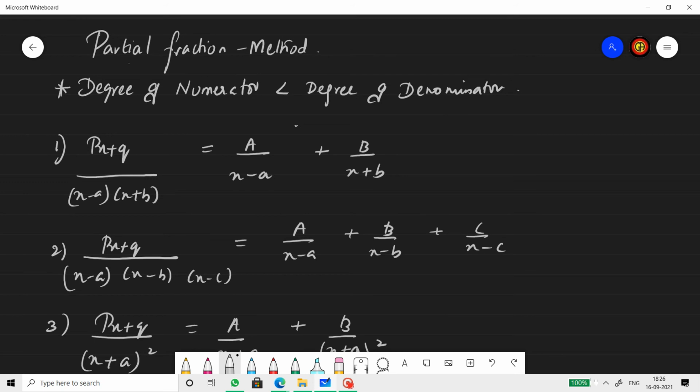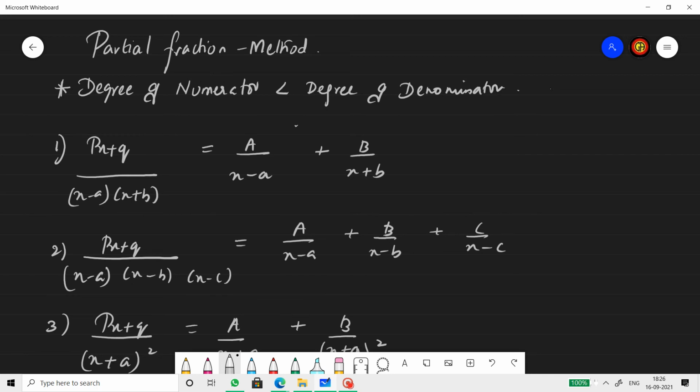Next exercise, partial fractions. So next we are going to solve the integration question using the method of partial fractions. Before we start proceeding, one of the foremost rules is that the degree of the numerator must be less than the degree of the denominator.